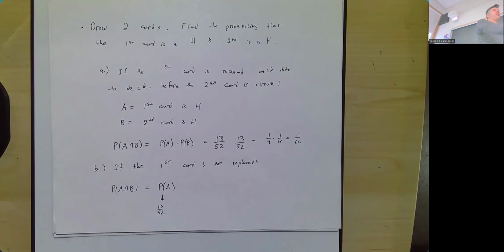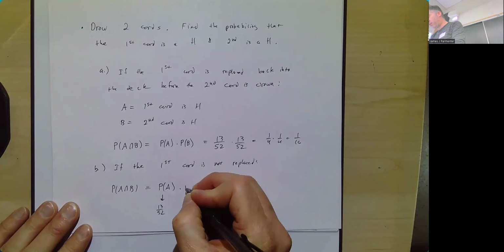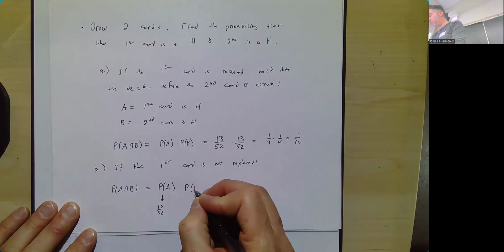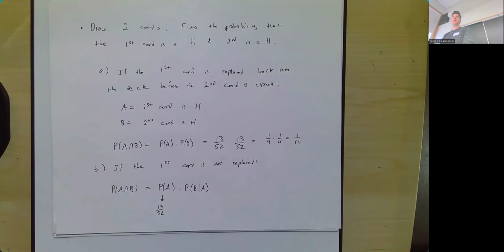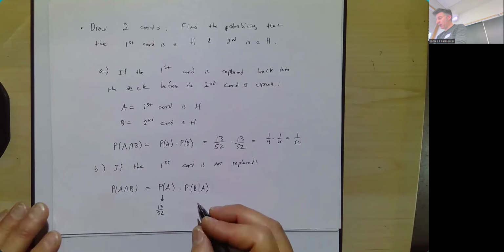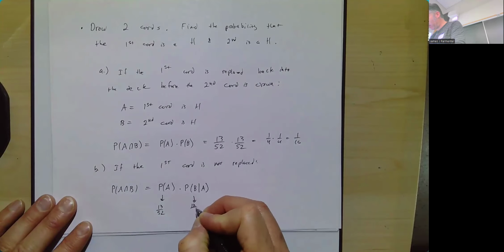If you remove 1 heart from the deck, what's the probability that the next card you draw is still going to be a heart? Well, how many hearts are left? Out of how many cards are left? Right. So we're going to have to multiply by not the probability of B, but the probability of B given that A has already happened. The conditional probability. And that's exactly going to be 12 out of 51.